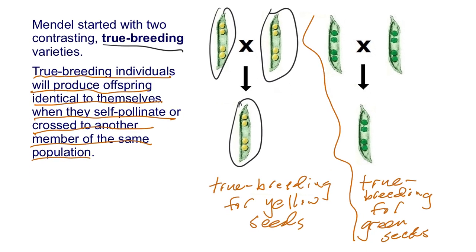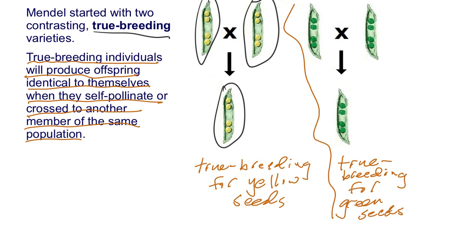That is true breeding. So in this case, we have a yellow seed individual crossed with a yellow seed individual. You'll always get in the offspring, every pea will be yellow. In this case, this is true breeding for green peas.